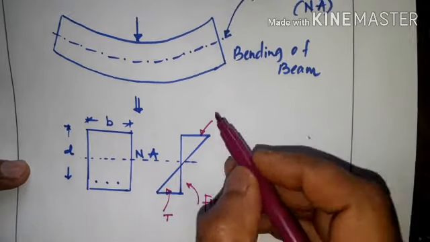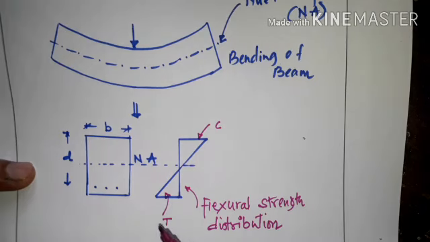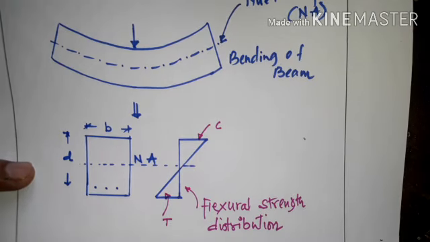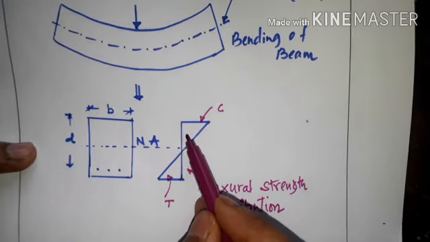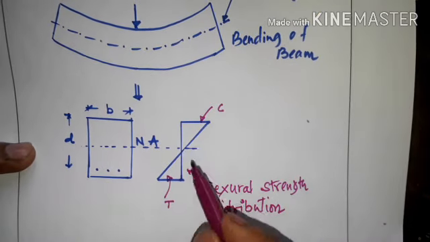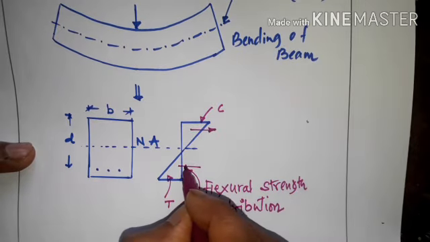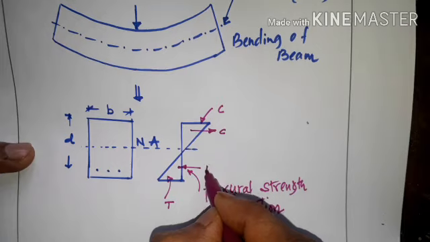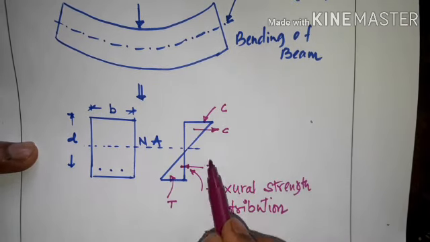Ultimately, whatever the external bending moment or the bending of the beam, it will be resisted by the internal resistance, that is compression and tension, these two forces.